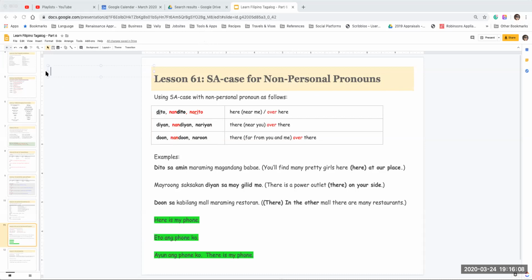Basically, I'm going to group this properly. So this is column 1 and then there's column 2. So when do we use this?